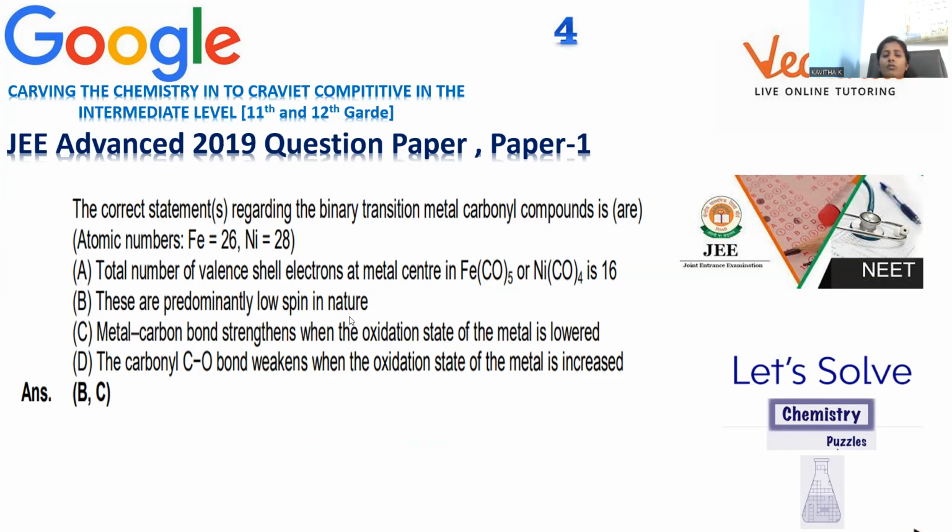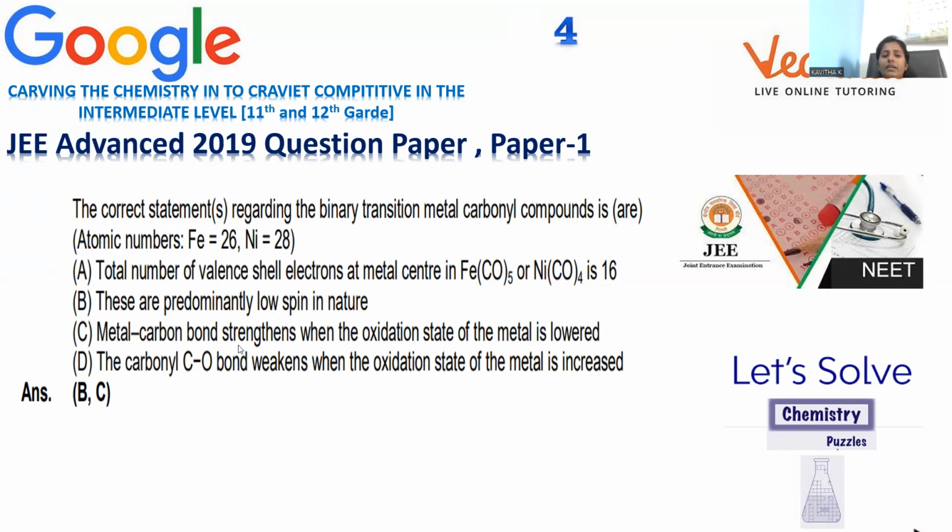Option B: these are predominantly low spin in nature. Option C: metal carbon bond strengthens when the oxidation state of the metal is lowered. Option D: the carbonyl CO bond weakens when the oxidation state of the metal is increased. Expected answers are only B and C. A is wrong, D is wrong, B and C are correct.